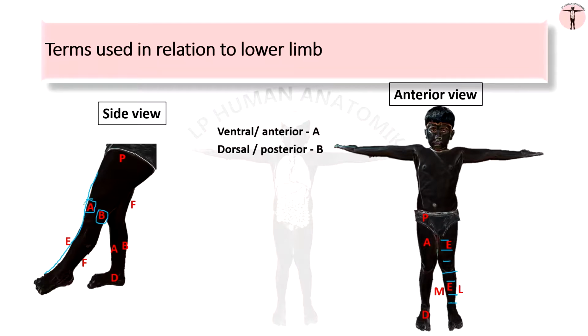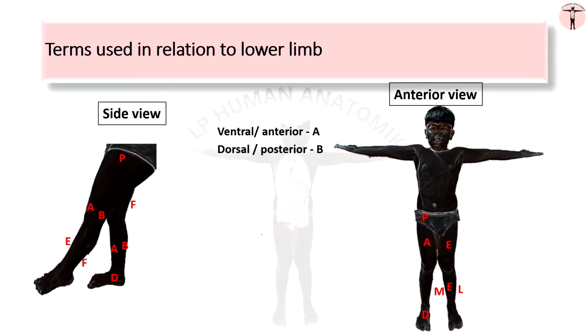So when we compare the relationship between A and B, A is anterior to B and B is posterior to A. So same way here, A is anterior to B, B is posterior to A.